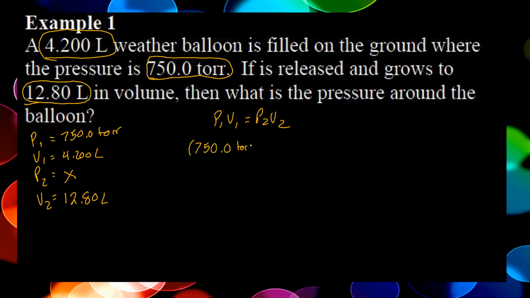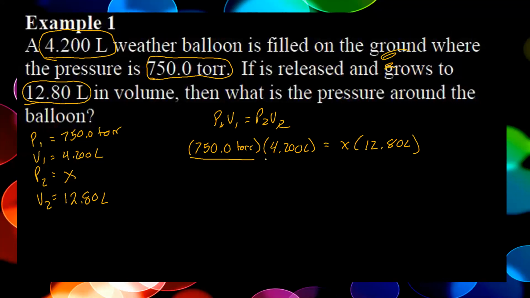750.0 torr times 4.200 liters equals X times 12.80 liters. What am I going to do to find my X? Exactly. Let's divide everything by 12.80. I've lost my pen. Where'd my pen go? Oh, it's way up there.